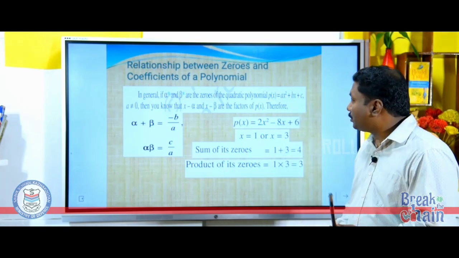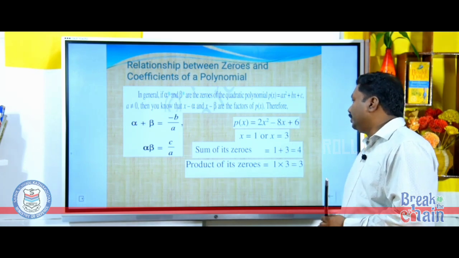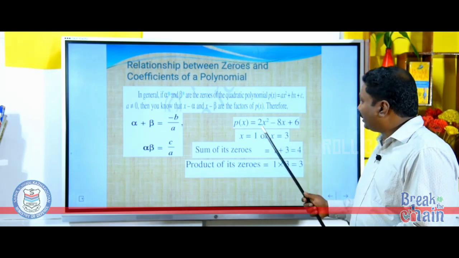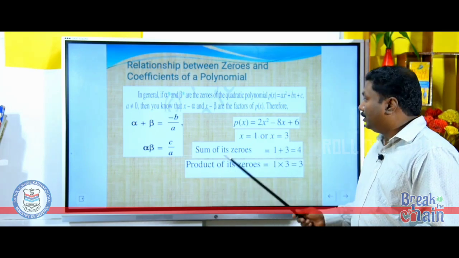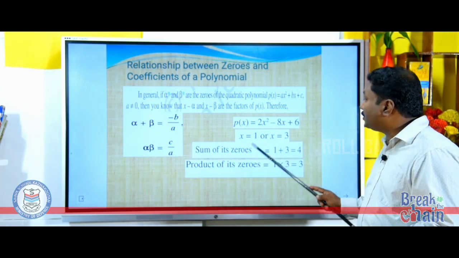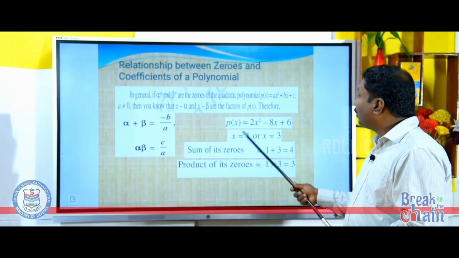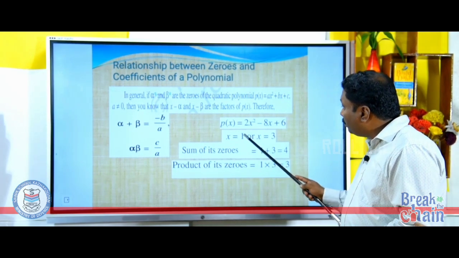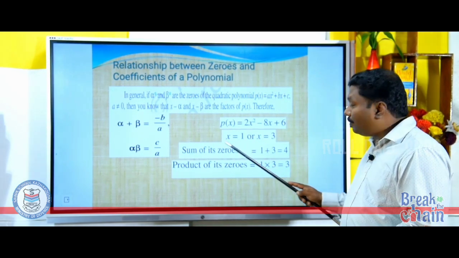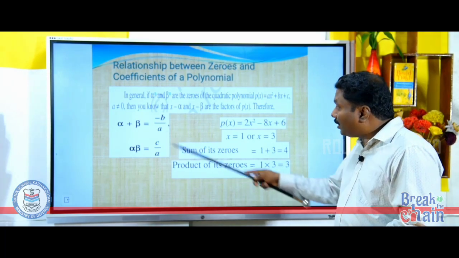For example, take a small example, 2x square minus 8x plus 6. After factorization we can find the zeros, which we already learned in class 9th. The two zeros are x equal to 1 and x equal to 3. That means alpha equals 1 and beta equals 3. Now we can verify the relationship.